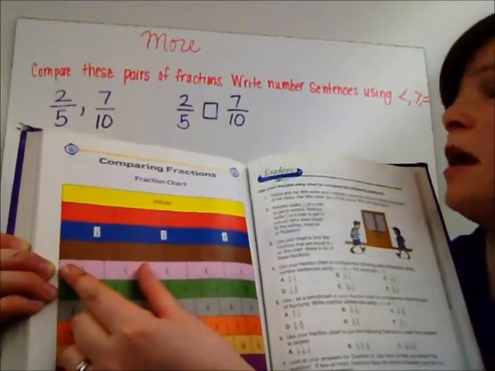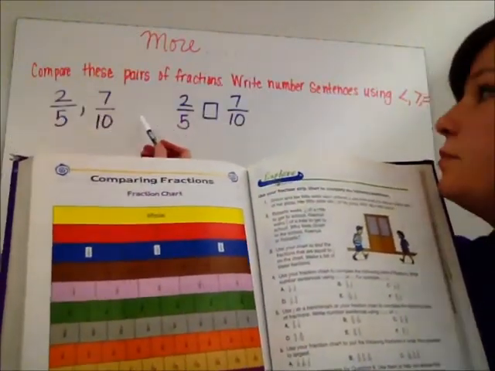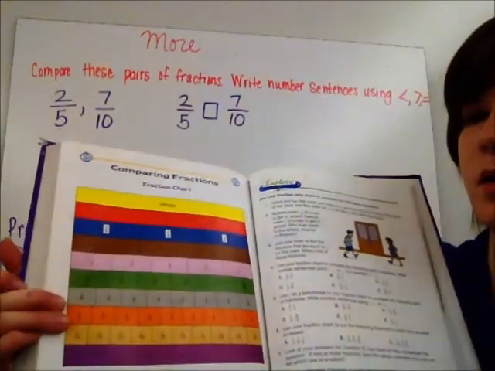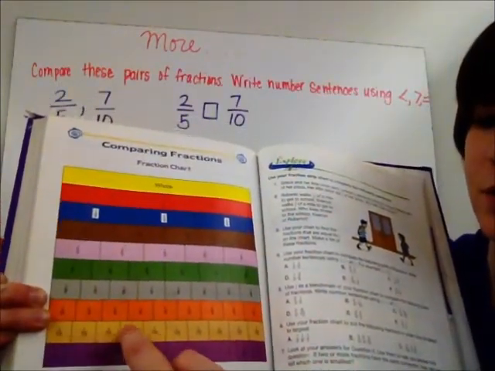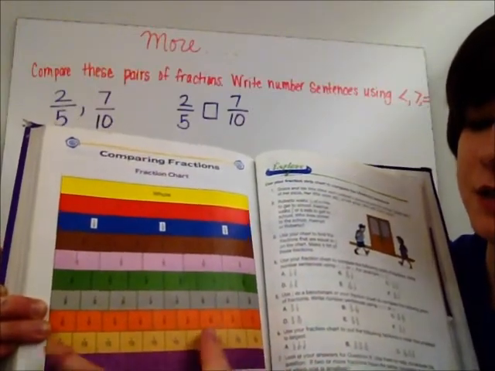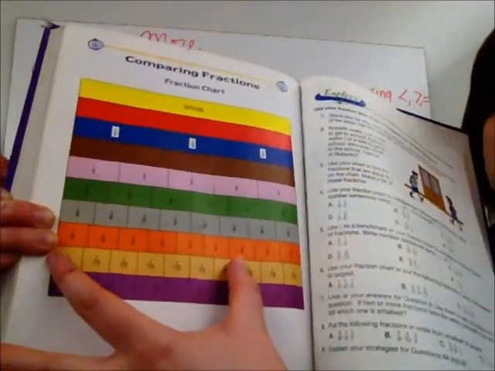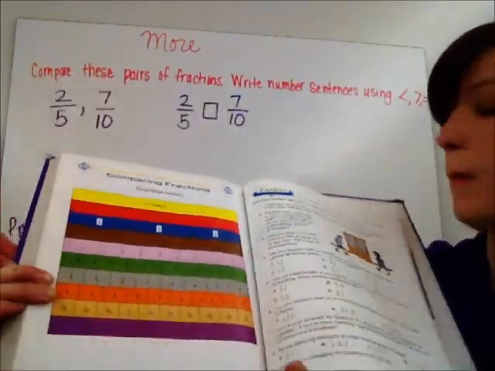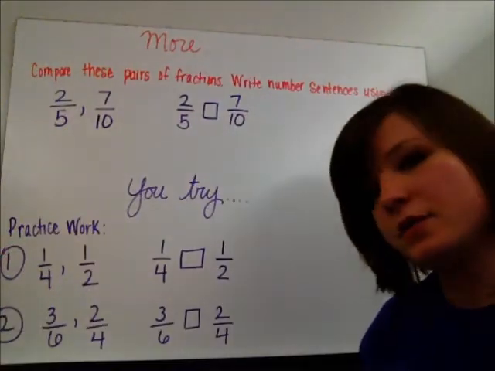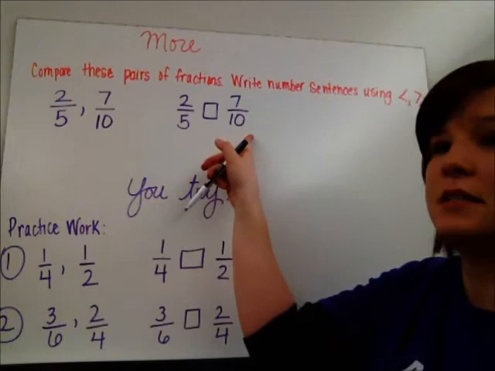And then my other number is 7/10 up here. So I'm going to find 7/10. 1, 2, 3, 4, 5, 6, 7/10. I can see that 7/10 is larger than 1/2. So that can help me write my number sentence. So I know now that 2/5 is less than 7/10.